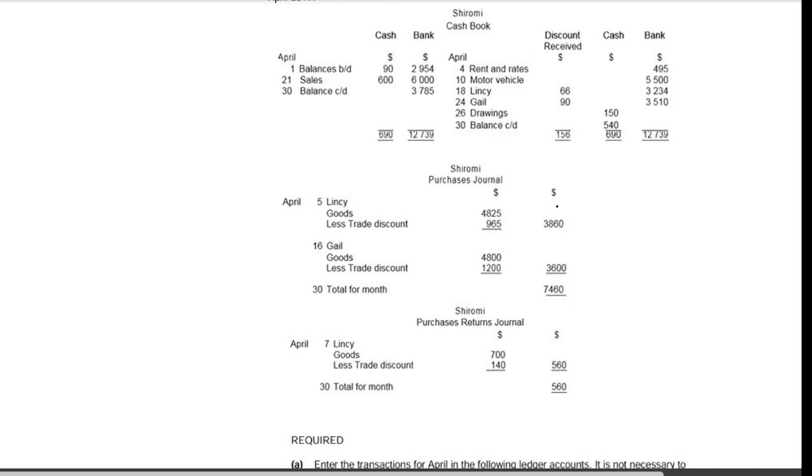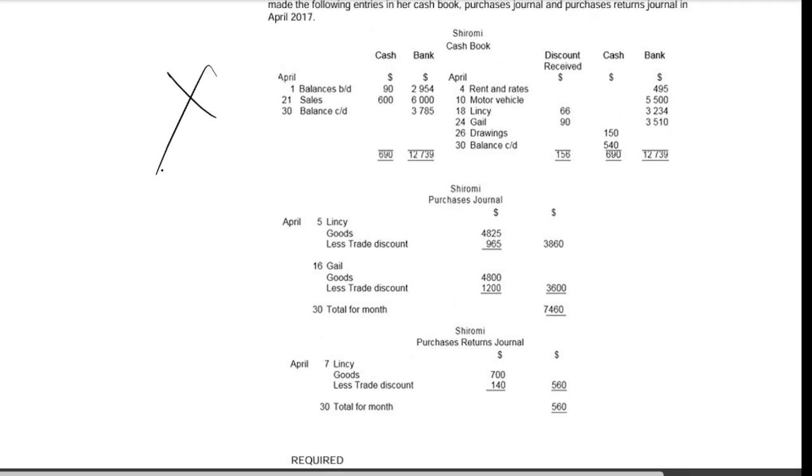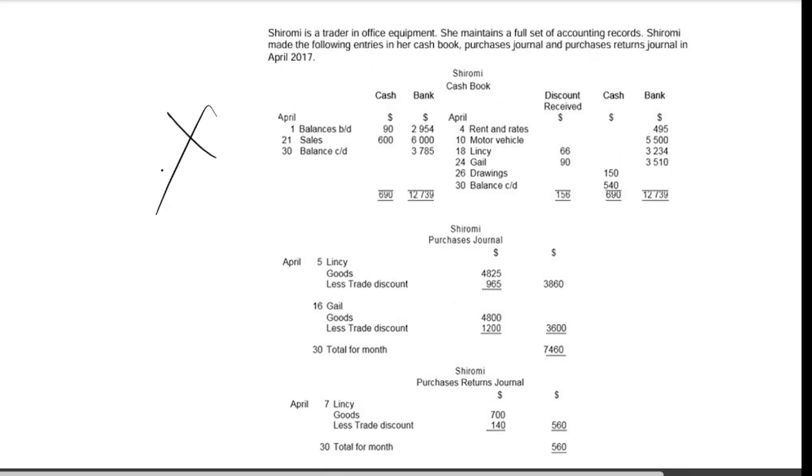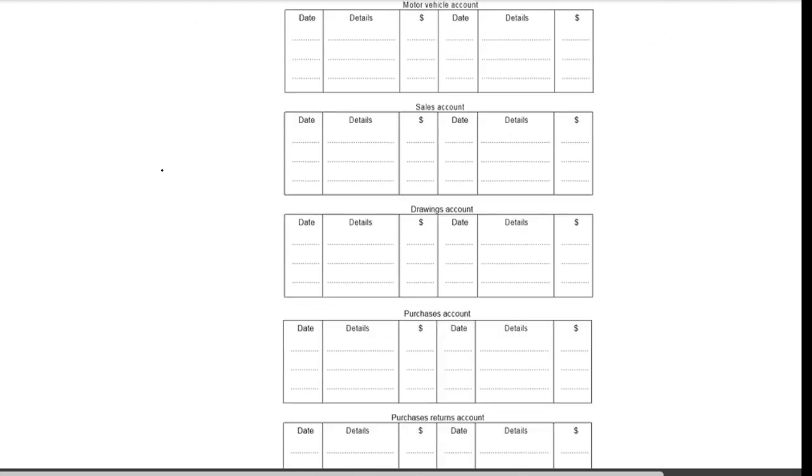You better skip this one also, although you can make, but okay, let's try. This question is related to the BRS, but okay, skip it. Let's do the next question.